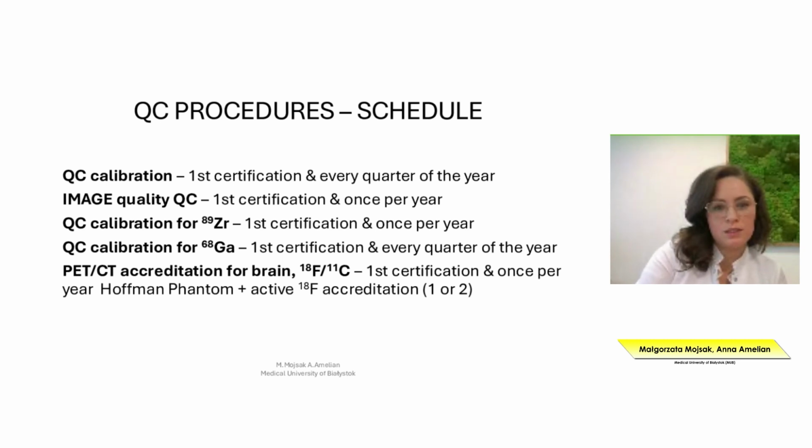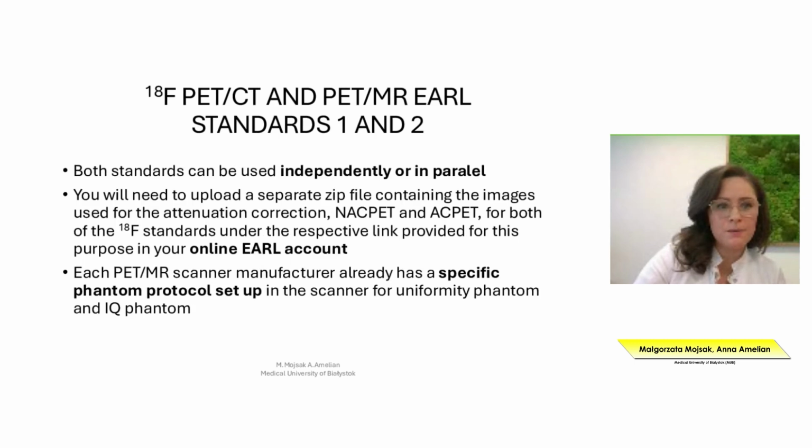So we need to have an active accreditation for fluor standard 1 and 2, and only then we can apply for accreditation of brain application with the Hoffman phantom. And here you can see that both standards can be used independently or in parallel. Actually, they differ in filtration and construction.